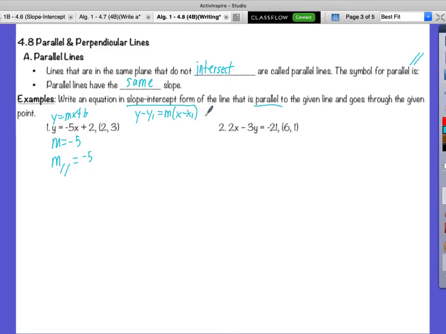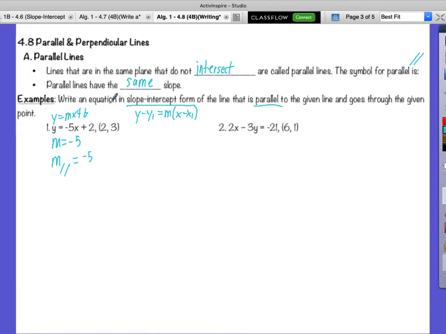Exactly right, Kelly. Y minus y1 is equal to m, or our slope, times the quantity of x minus x1. So we can take this point here, 2, 3, and our parallel slope, negative 5, and plug that in. And then are we going to leave it in point slope, or what are we going to do with it? Solve it. Turn it into slope-intercept.